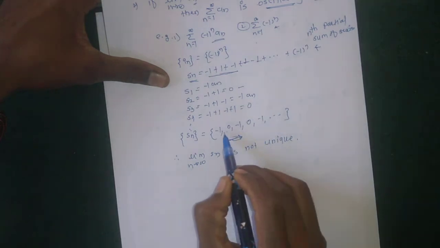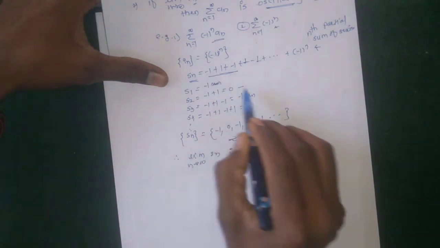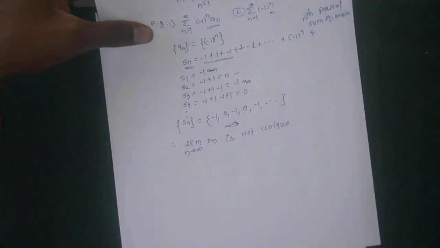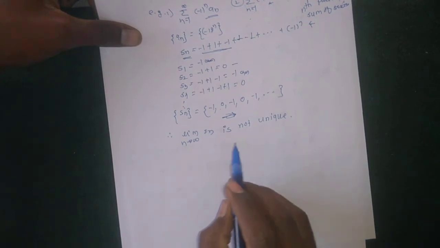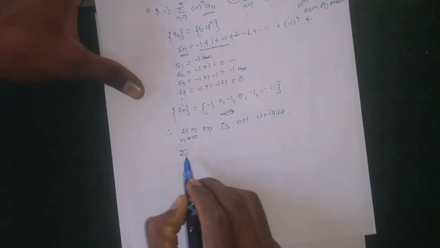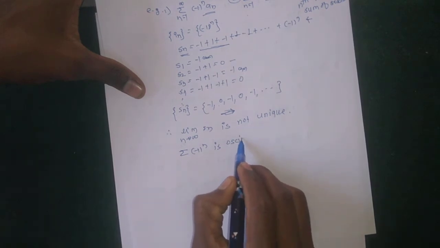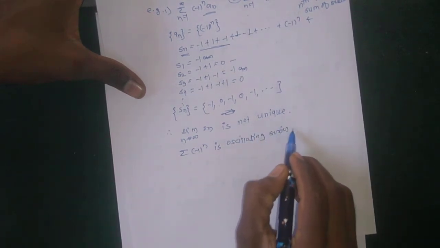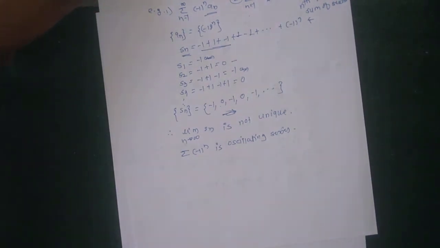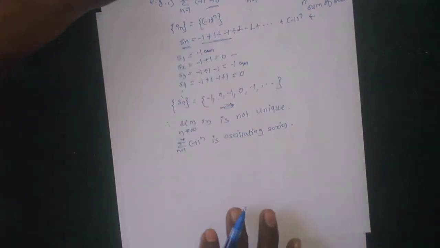So the given sequence has a limit that is not unique, and therefore the given series, minus 1 raised to n, is an oscillating series. This is one example where n runs from 1 to infinity.